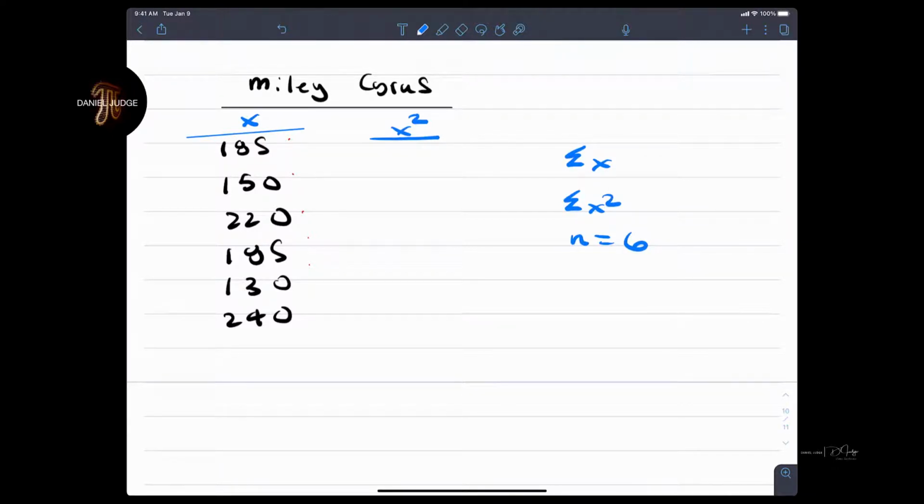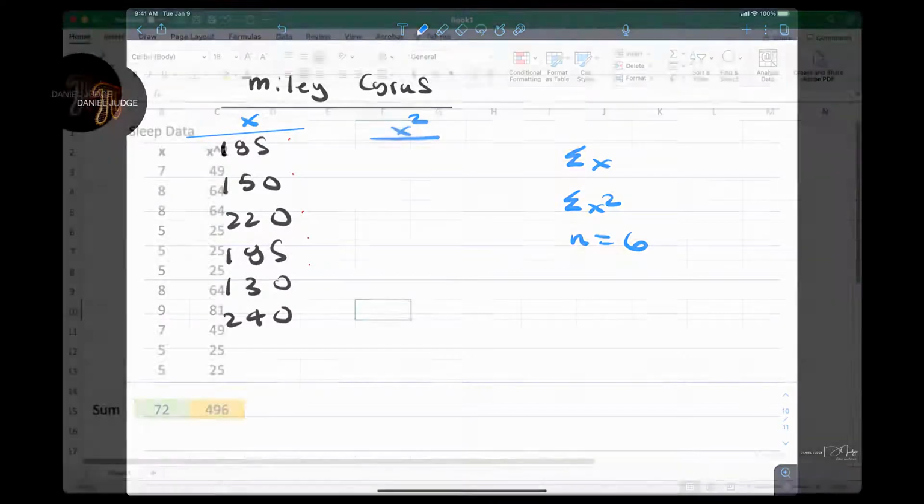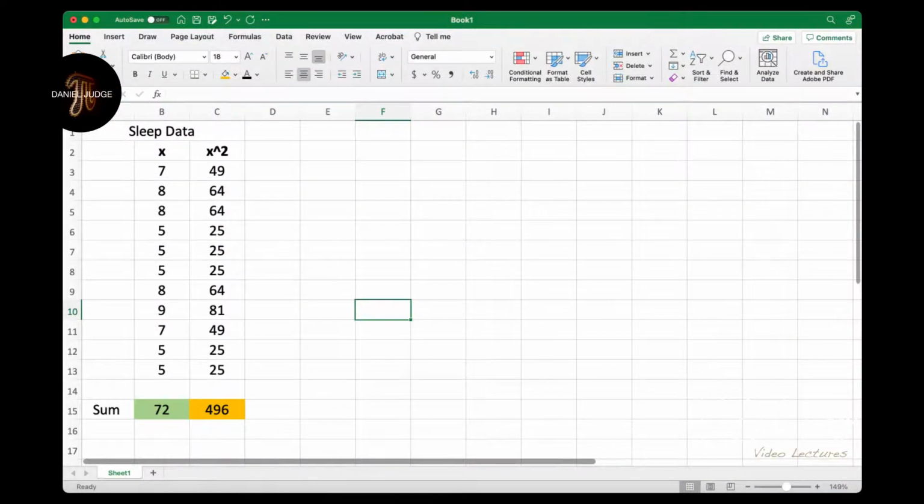Shortcut formula. So go over here, and I think this is Miley, so I'm going to label this Miley now. I'm going to do the work in Excel to show you how quick and fast that can be as a demonstration. But you could use your calculator. No requirement that you have Microsoft Excel.